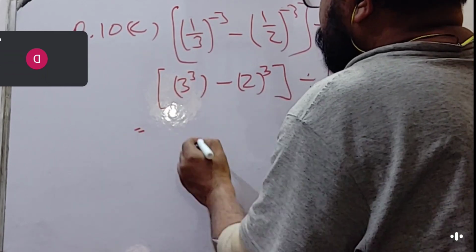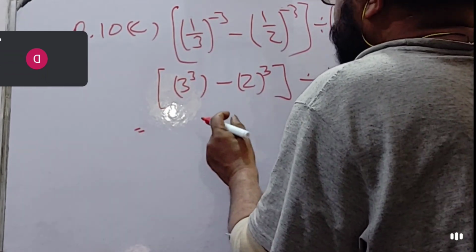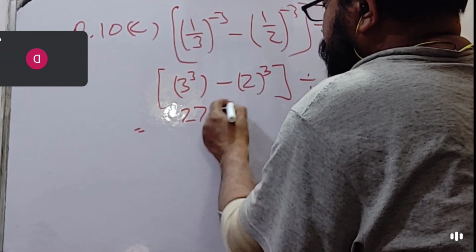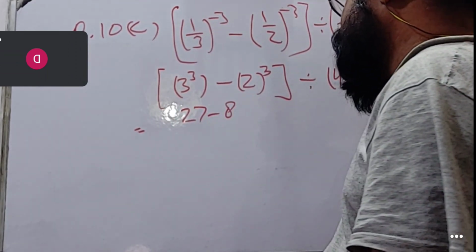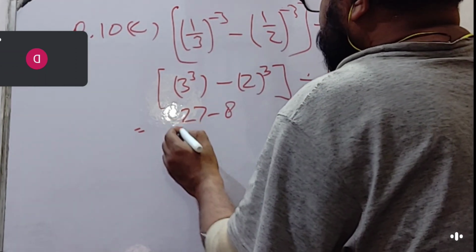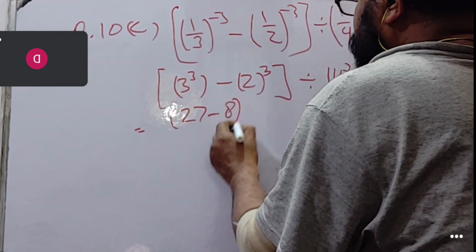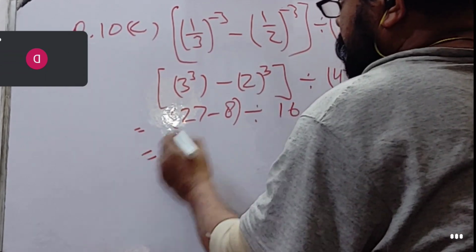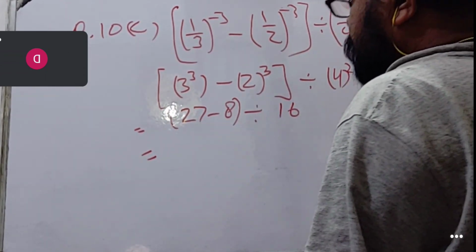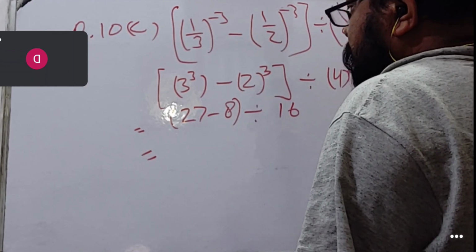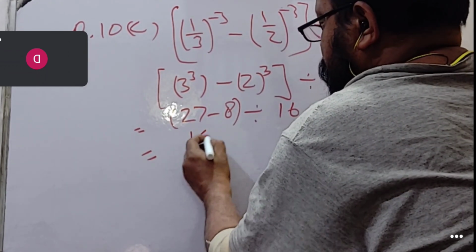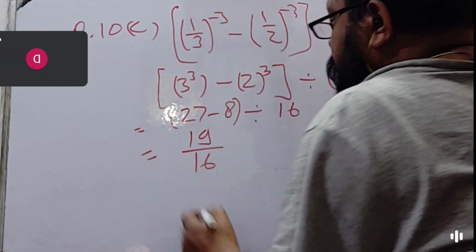Now it becomes 27 minus 8. Is it? 27 minus 8 divided by 16. So it becomes 19 upon 16.